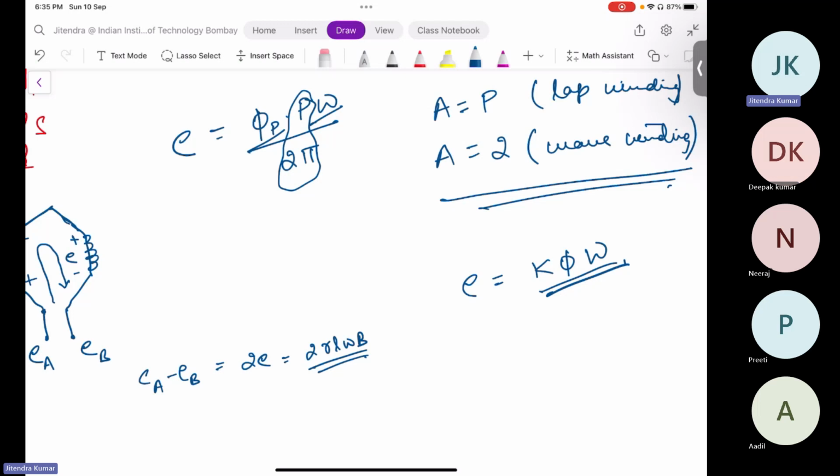It is coming from the basic motional EMF concept. EMF is equal to VBL, so it is not something very different. In VBL, V is the velocity, right? Yeah, V is the velocity of the conductor.